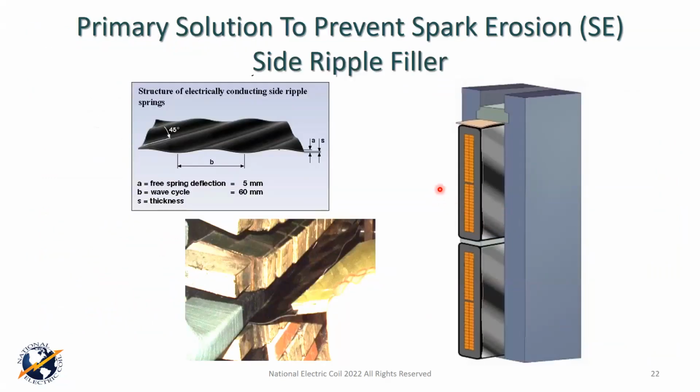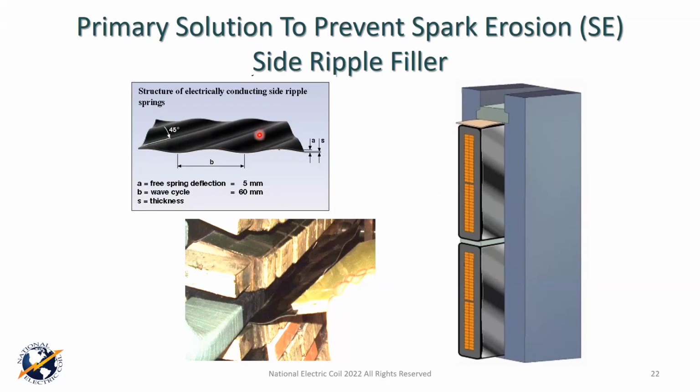Going back to the slot, we talked about side ripple filler. This is a picture of the raw material itself. The side ripple, as I said, is cut at a 45-degree angle, and it's basically driven into the slot, and it flattens out these ripples that you see in there, but not completely. It's very important you understand, it's not intended to go completely flat, or you can damage the fibers in the ripple, and then it won't do its job well.